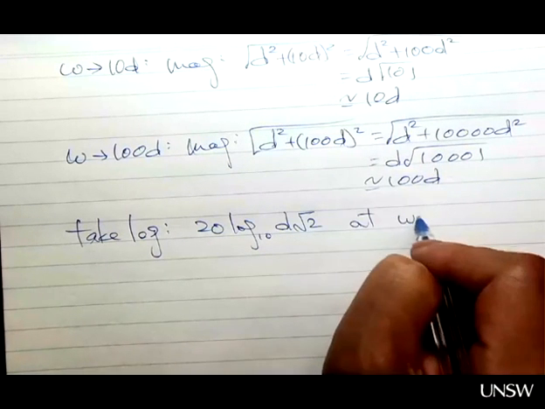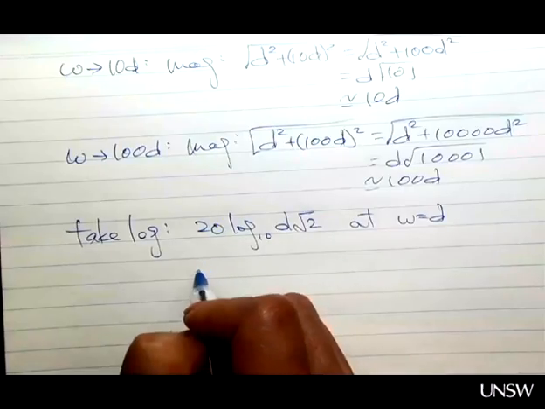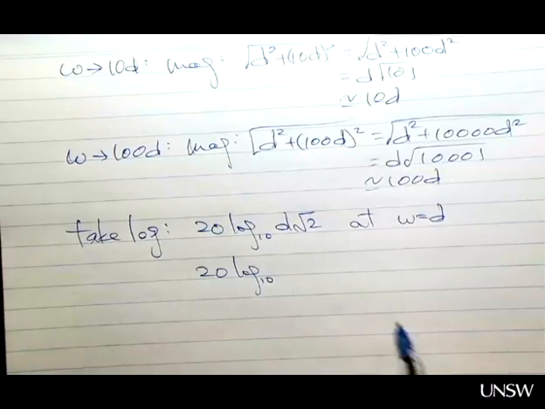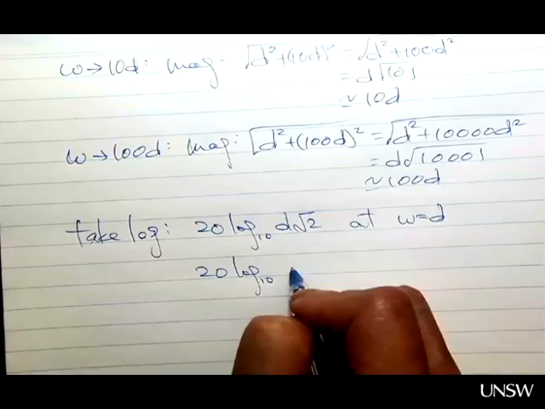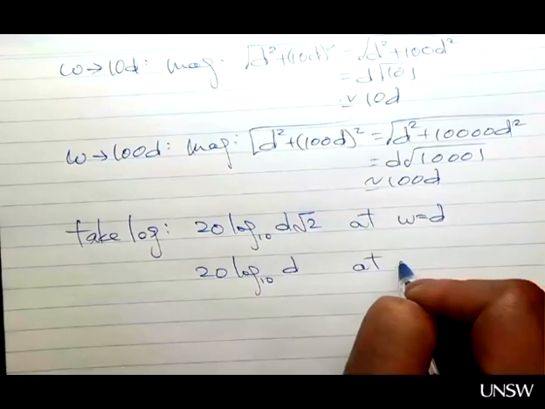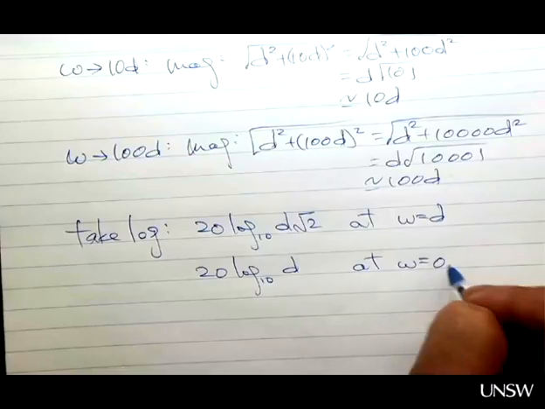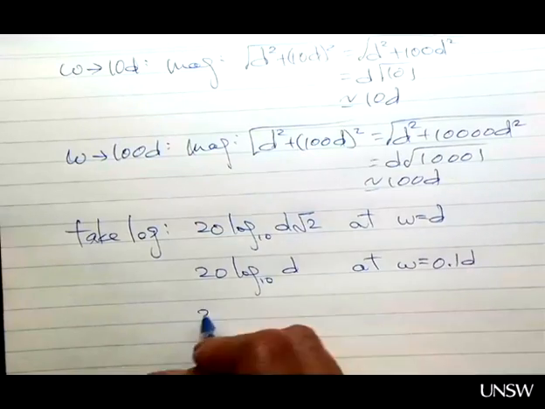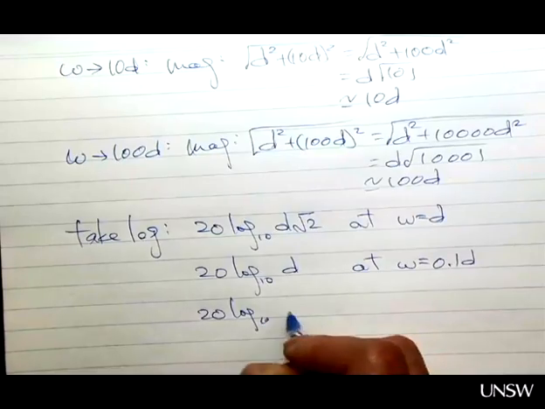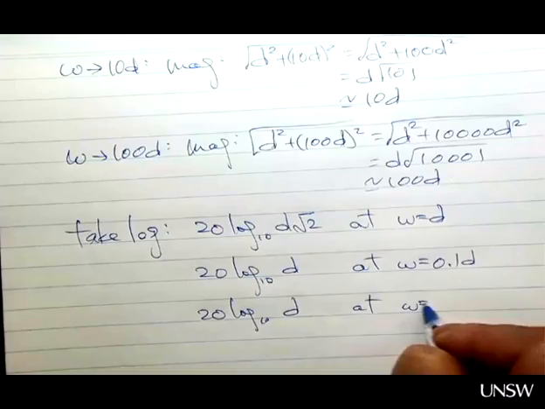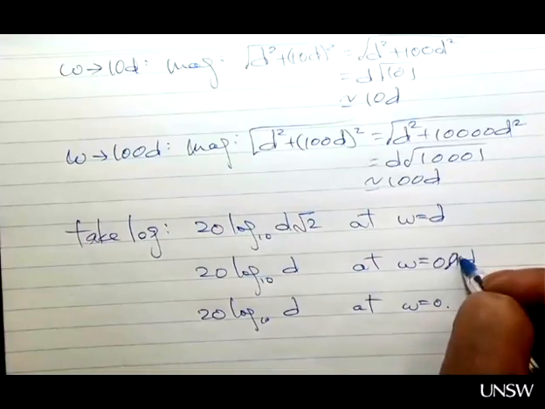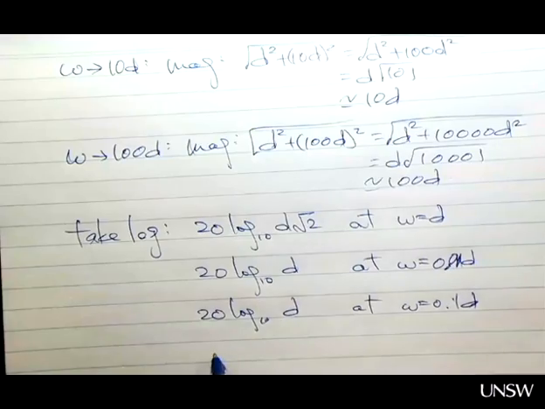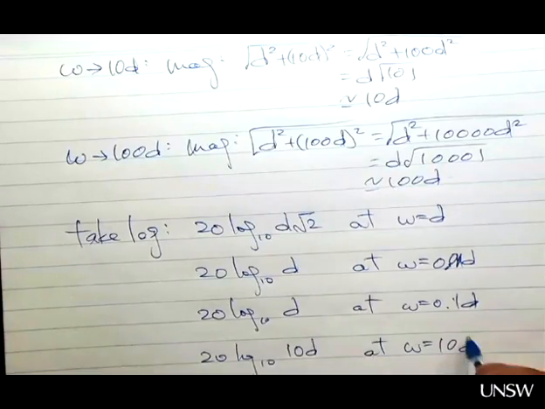Then 20 log10 of d at omega equals 0.1d. Then 20 log10 of 10d, and then 100d.